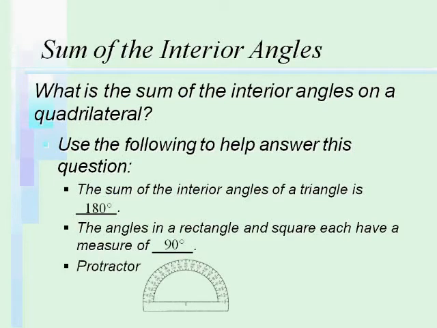And if all else fails, you can use your protractor. Using all of that, you should come up with the thought that the sum of the interior angles of a quadrilateral adds up to 360 degrees.